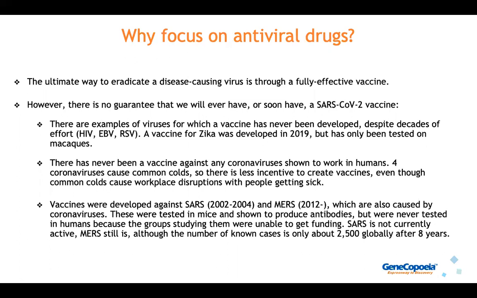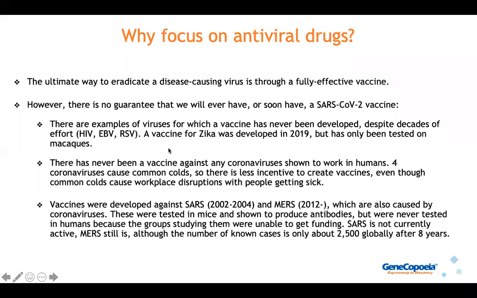We're hearing every day about progress on vaccines, and of course, the ultimate way to eradicate a disease such as COVID-19 is using a fully effective vaccine. However, there's no guarantee that we will ever have, or soon have, a SARS-CoV-2 vaccine.